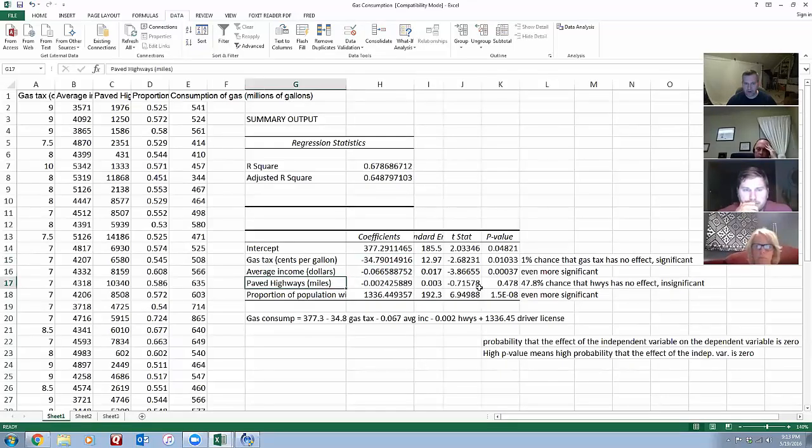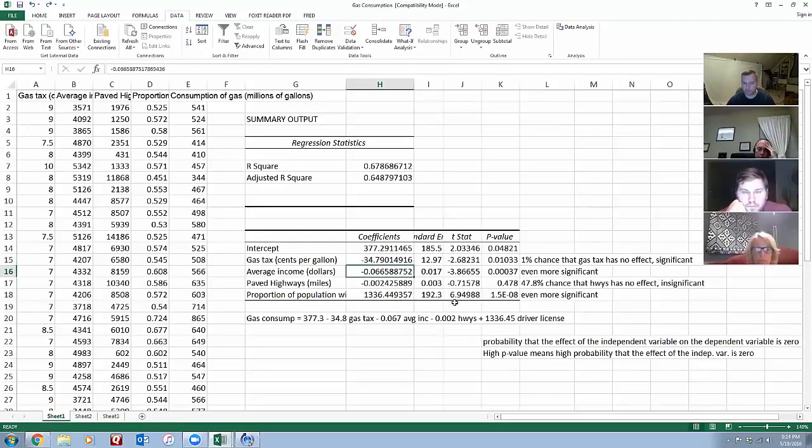For the paved highways one, it looks like the effect of paved highways on gas consumption was 0.002, but really there's a 53% chance that the effect is 0, that it has no effect at all. Again, when I say that the gas tax variable is significant, that just means that I should have a lot of confidence in the value of the coefficient that Excel estimated for me. I can be confident that the measured effect of the gas tax on gas consumption is, as it says here, 34.8.